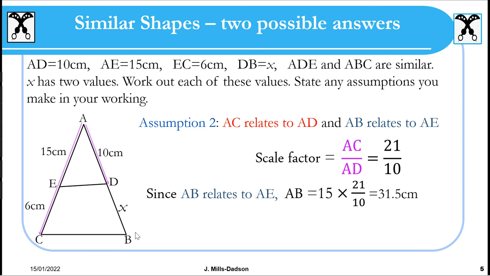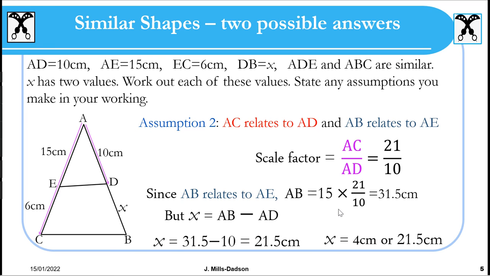If we want x, we want to work out full AB. But AB relates to AE, which is 15. That's why we multiply 15 by the scale factor 21 over 10. That is 31.5 cm for the full length of AB. So 10 from 31.5 gives us 21.5. So our answers are 4 or 21.5 cm.